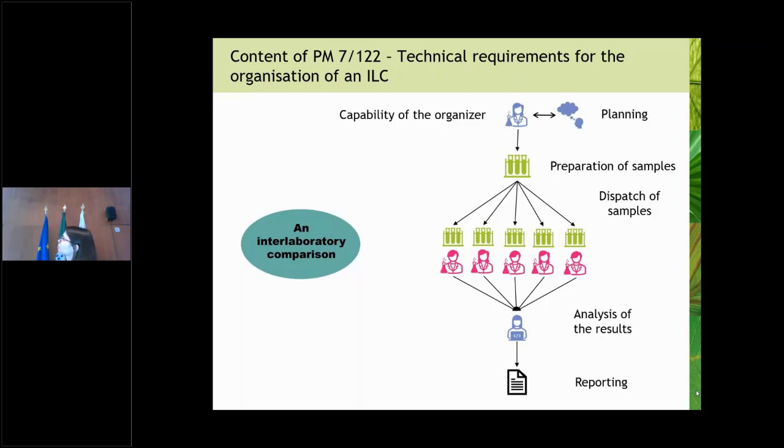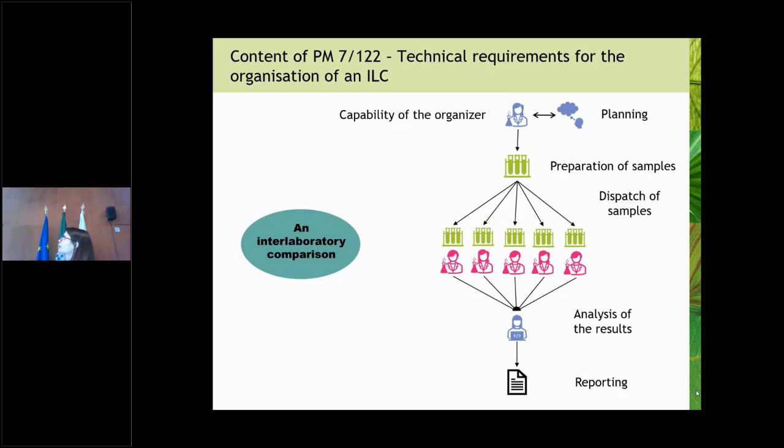So there is a very important phase, which is the planning. And then you have the preparation of the samples: how you choose the samples that you will send to the participants, and also how you will ensure the homogeneity and stability of the samples, to be sure that each participant receives the same sample.